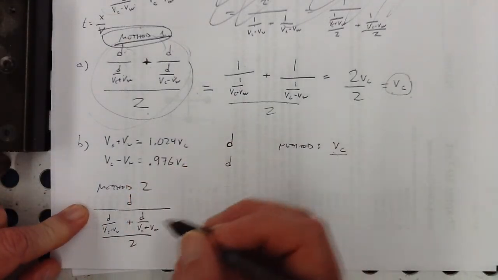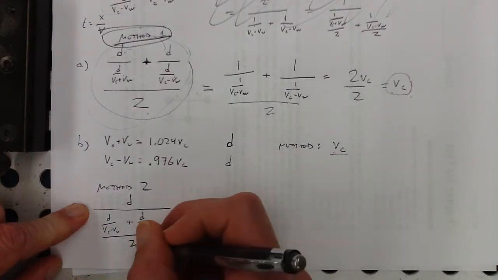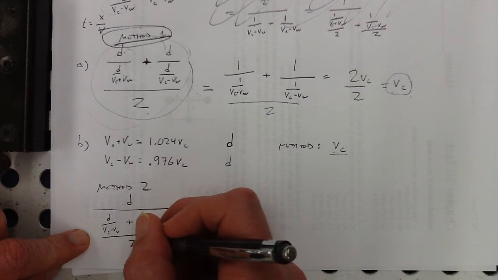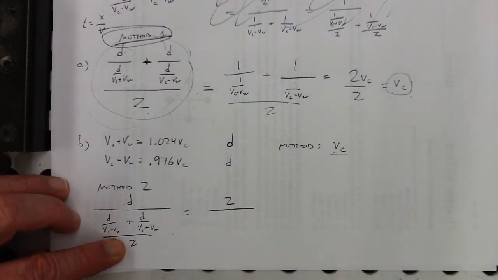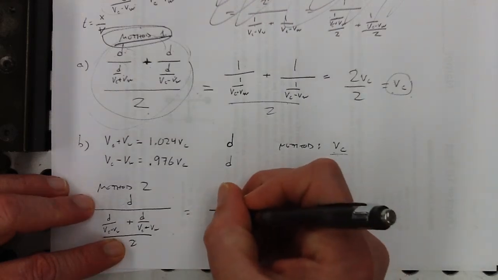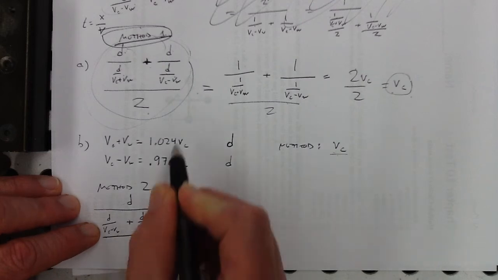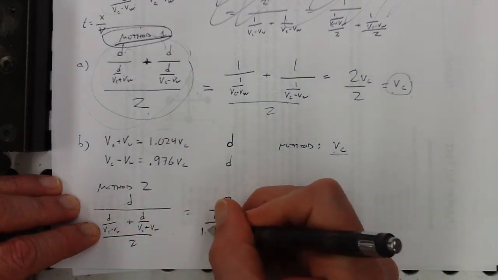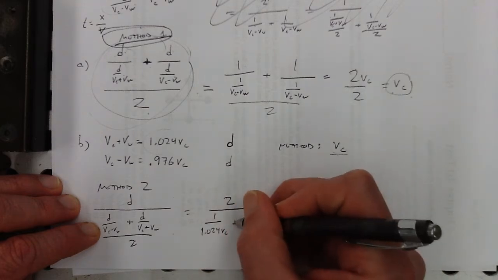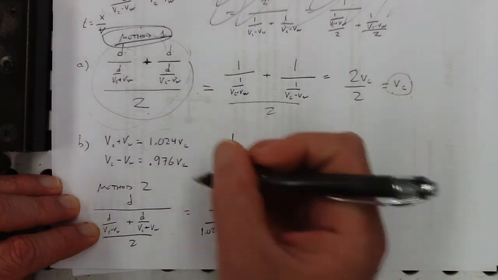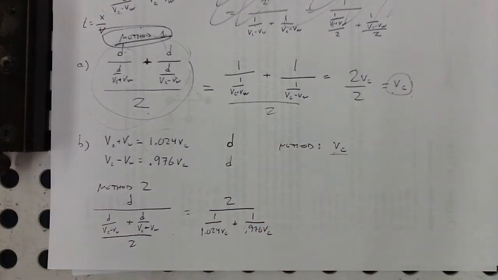The d's cancel out, and I'm going to take the 2 down here. If I multiply top and bottom by 2, I can move that 2 up to the top. Then I have 1 over, now this VC plus VW, that's 1.024 VC plus, and likewise this is 0.976 VC.